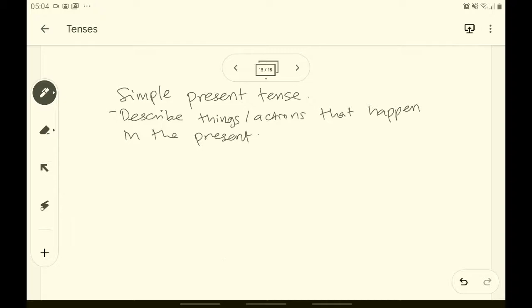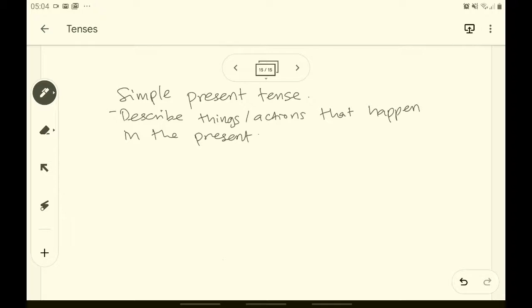It also shows that the action done is repetitive. For example, you have your English class on Sunday. When you want to describe your action of going to class, or your friend Sarah's action of going to class every Sunday, we are going to describe what we are doing first.